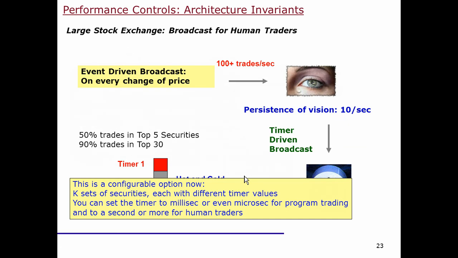If you have a large number of human traders, then keep the timer value in the range of hundreds of milliseconds or seconds, depending on how comfortable the traders are, and the type of traders that you're dealing with.